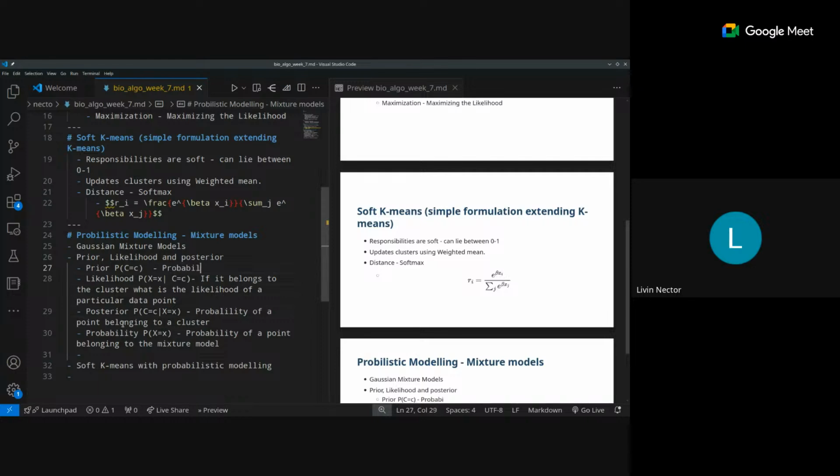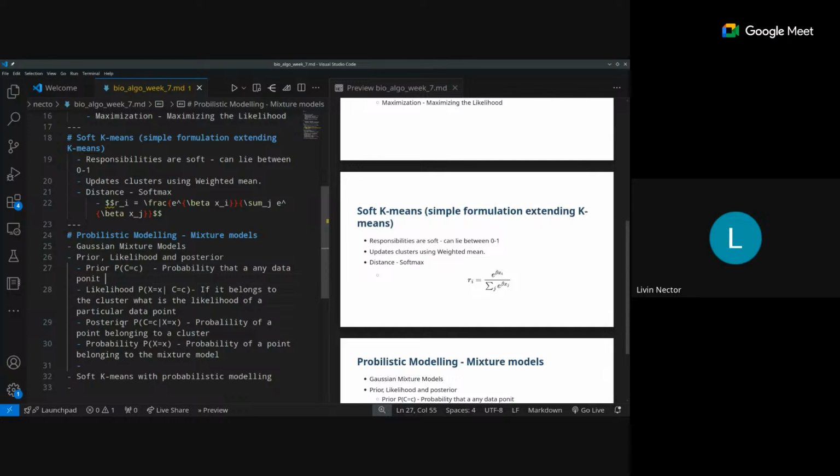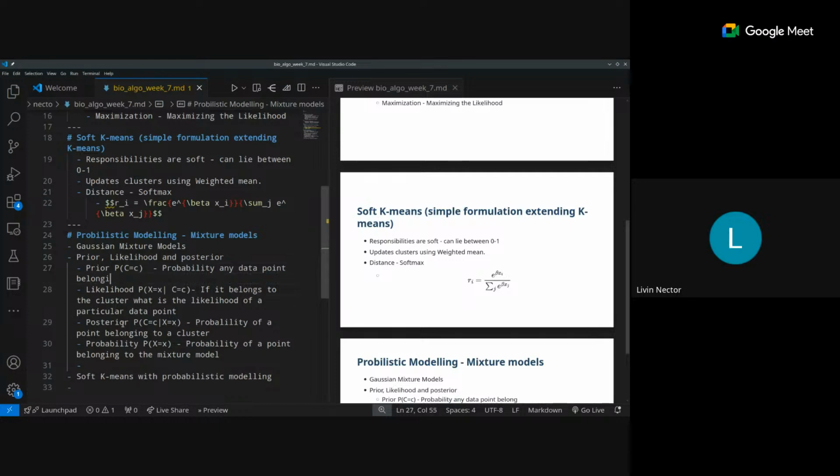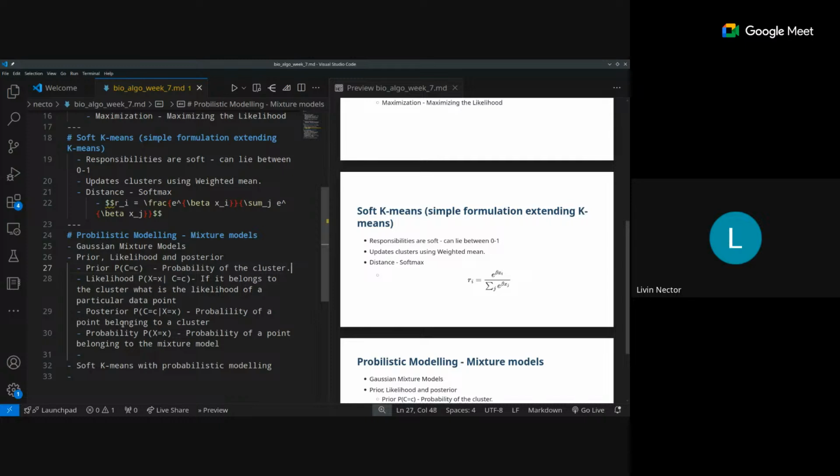This is the probability of the cluster. Generally, you take a bunch of data points: what's the probability of those points being in this cluster?